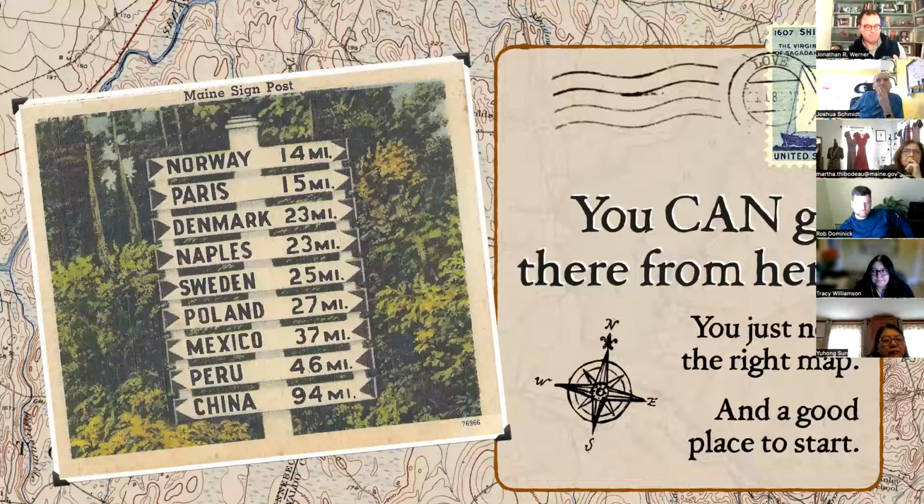That compass rose is a transparent image from a Google search, and then just a text box, actually two text boxes, to create the "you can get here, and then you just need the right map." And that's with an imported font from dafont.com.